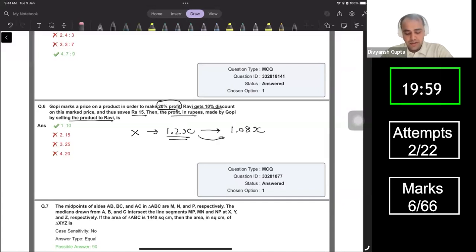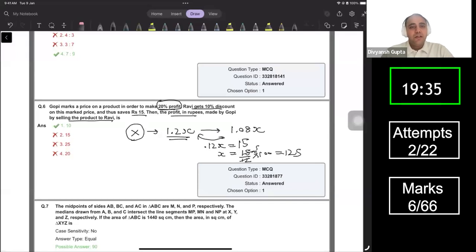The difference here being 0.12x. This is given to me as 15. So I can get the value of x. X will be equal to 15 by 12 into 100. That is 5 by 4 into 100 or equal to 125. So the cost is 125.